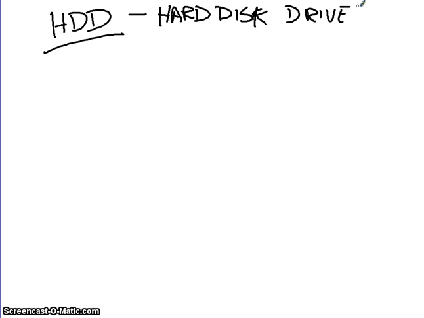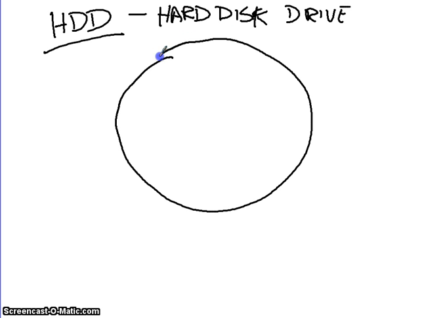How it works is, and again I'm going to use old technology here, if you want to imagine a record, and if you've never seen a record before, go ask your mum and dad. If you've ever seen a record player, it has a needle.